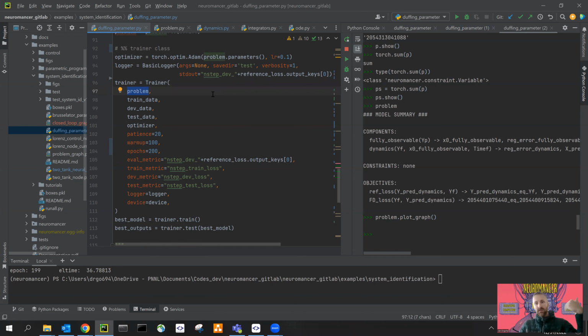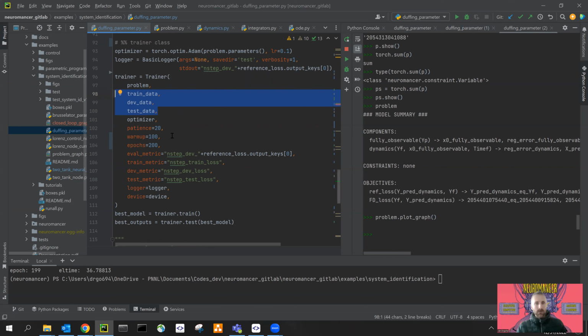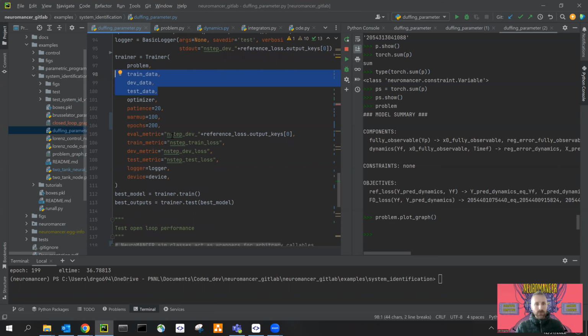And this will be the forward and backward for differentiating the computation graph. And you provide 3 data sets that are PyTorch data loaders with NeuroMANCER dictionary type data sets, where each variable has its key and is mapped to the tensor values. So that's happening under the hood in the trainer. You provide a PyTorch optimizer, and then you come up with some hyperparameters for early stopping.